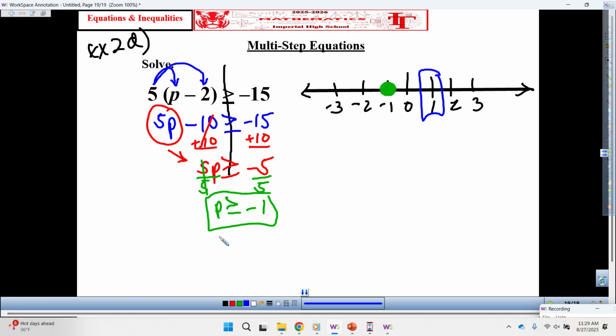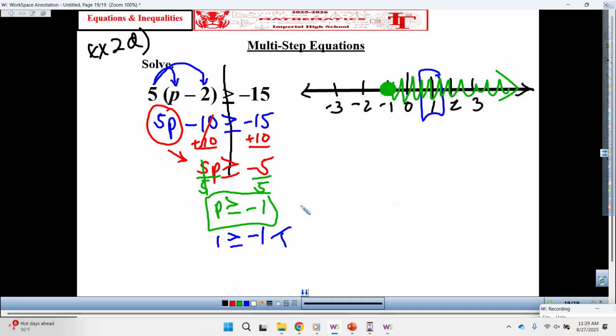All right, so we substitute 1 there. Is 1 greater than negative 1? Is it equal to negative 1? No, but at least it's greater. So this is true. So if this is true, that means you're going to shade in that direction. All right?